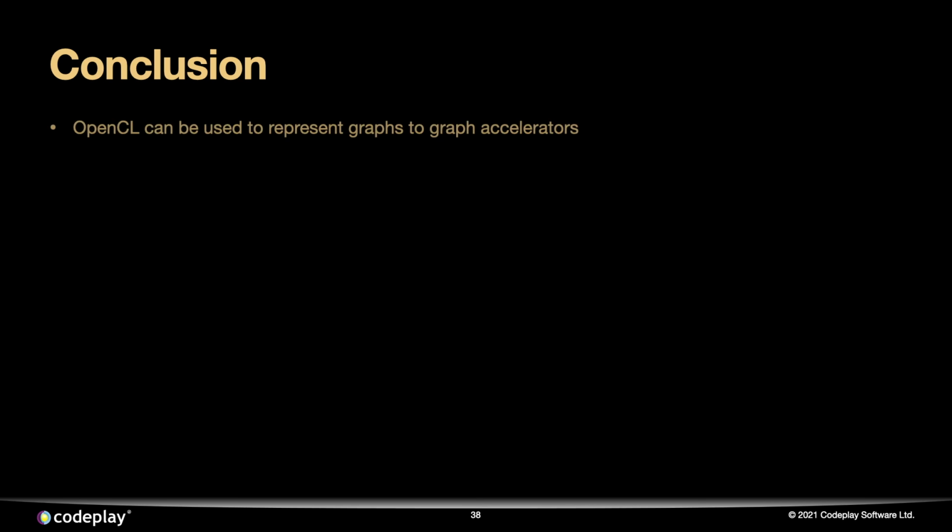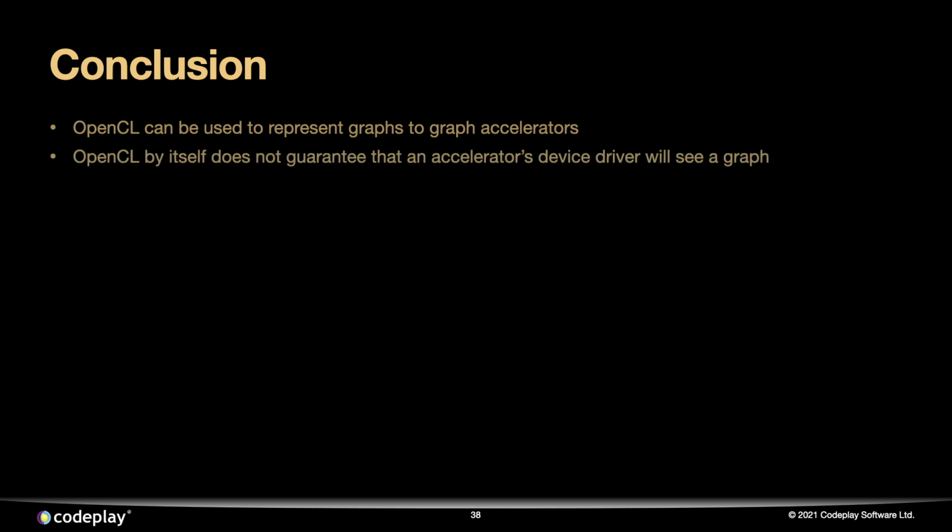So to conclude, I hope I've been able to convince you that OpenCL can be used to represent a machine learning type execution graph to a graph accelerator. However, it is very important to remember that just using OpenCL itself does not guarantee that an accelerator device will see a graph, because there are many ways to do this wrong. It's possible to get this wrong in the API stack.